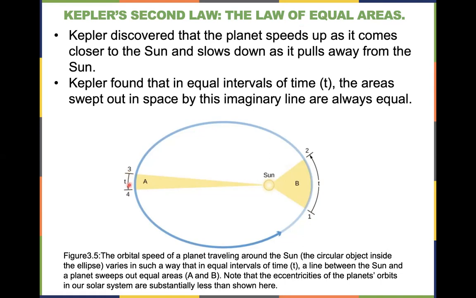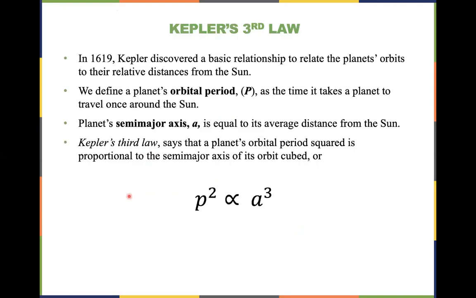So this particular area shaded in yellow and named A will be equal to this shaded area on the right-hand side named B. That's because it will go faster when it's close to the sun and slower when it is further away from the sun. So that's the idea.